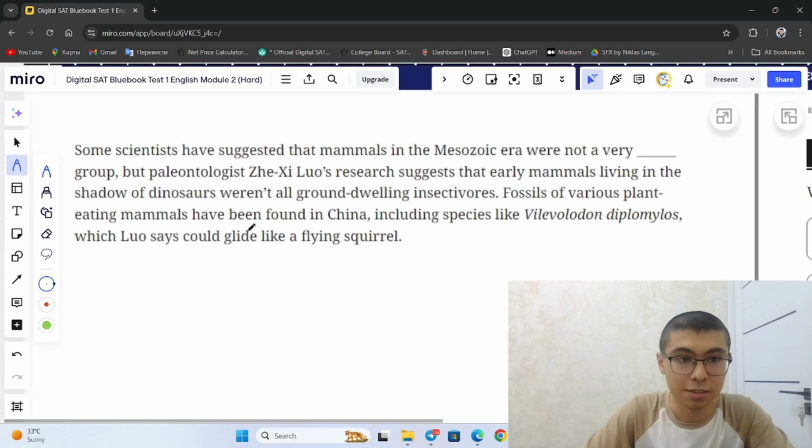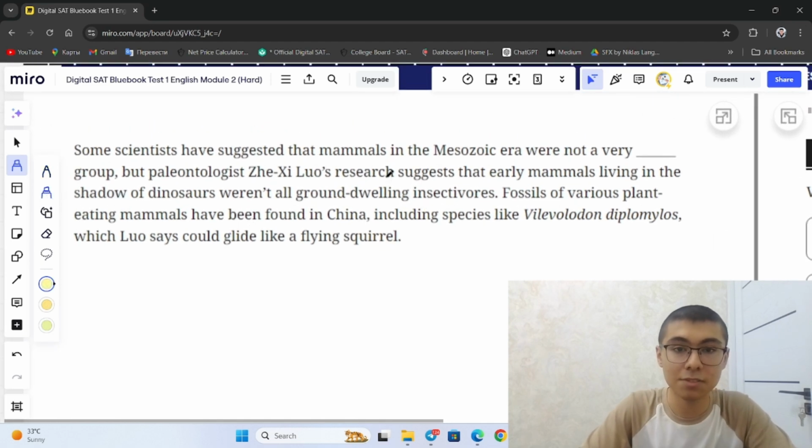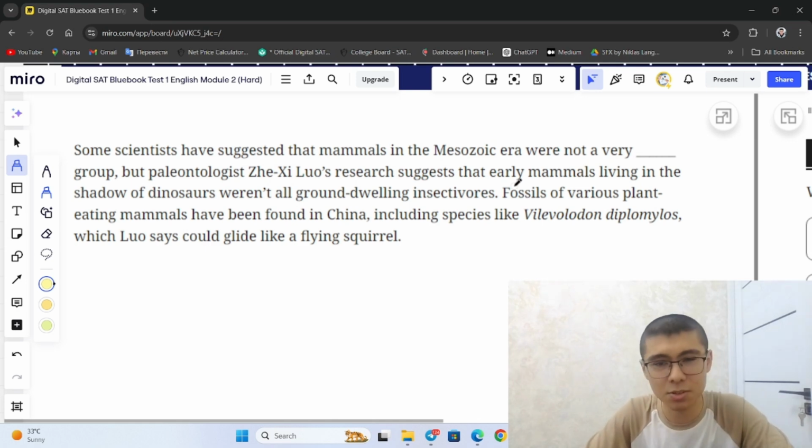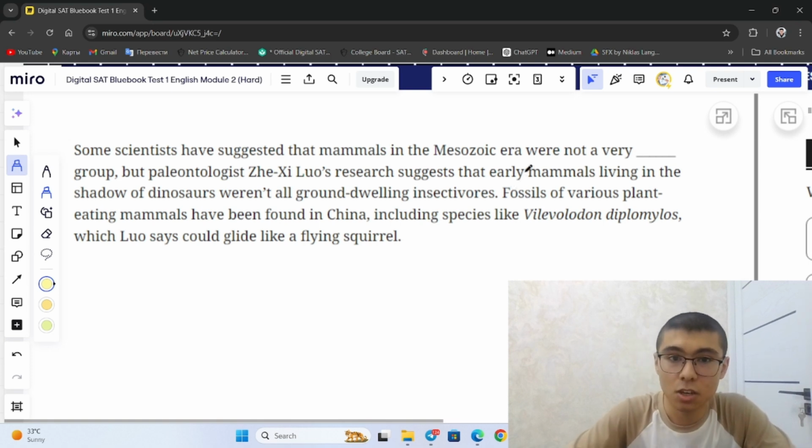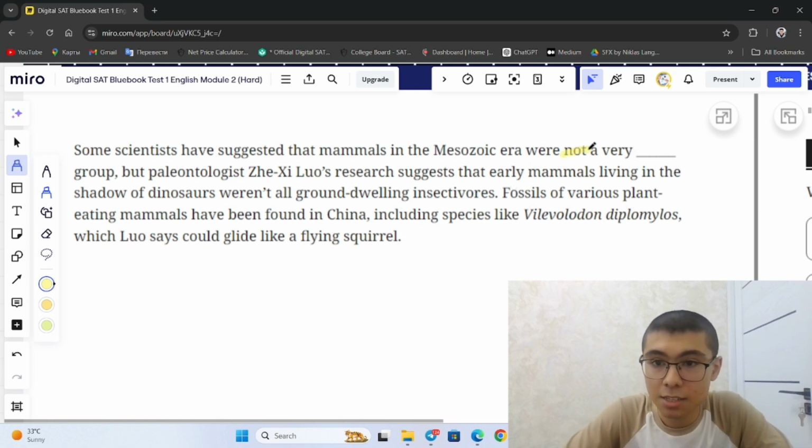So text. Some scientists have suggested that mammals in this era, I'm not going to read those types of names because it's going to take a lot of time and they're not essential. So those mammals were not a very something group. We need an adjective here.